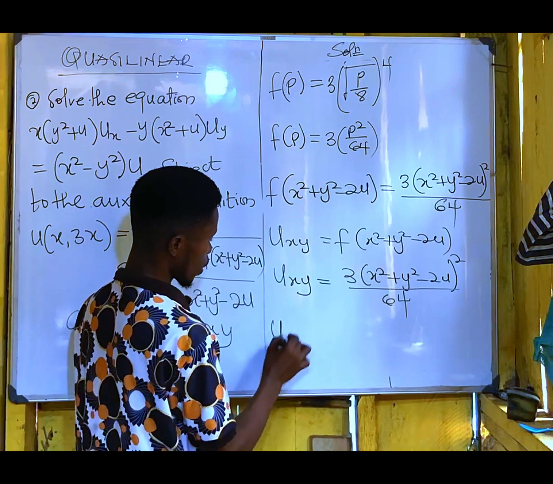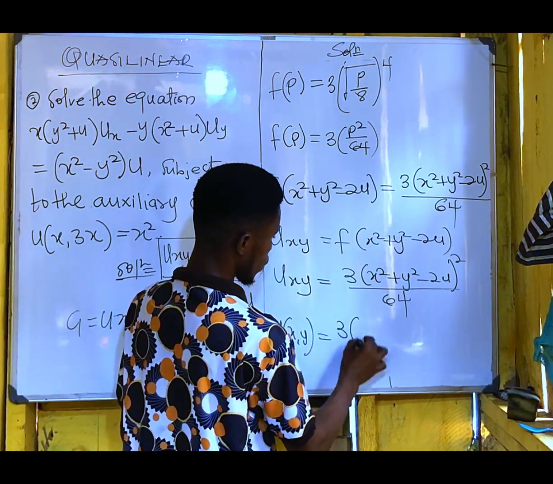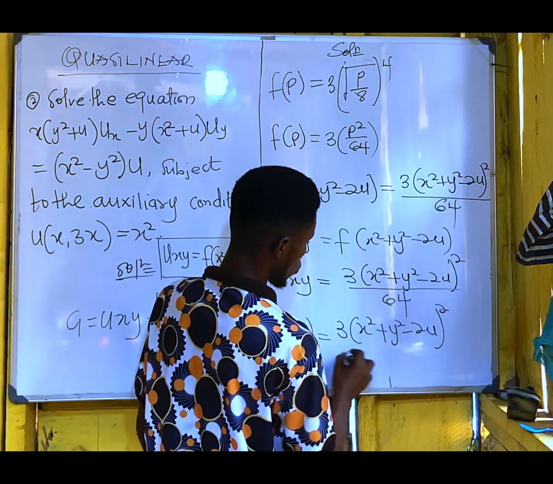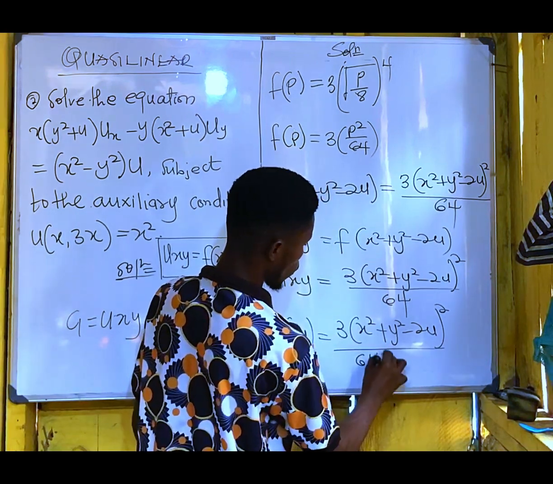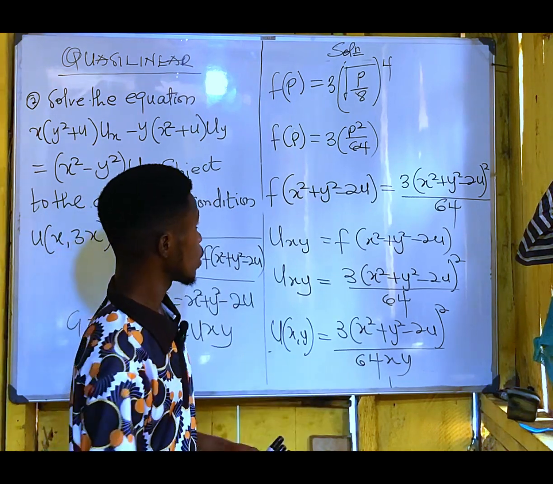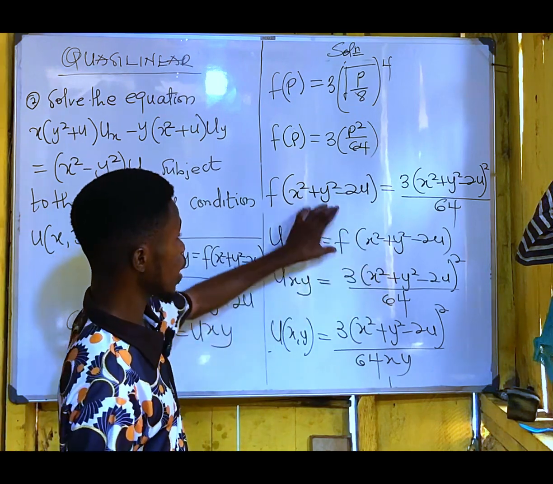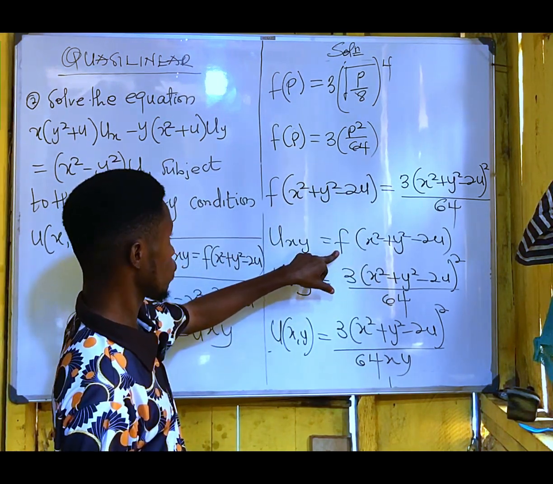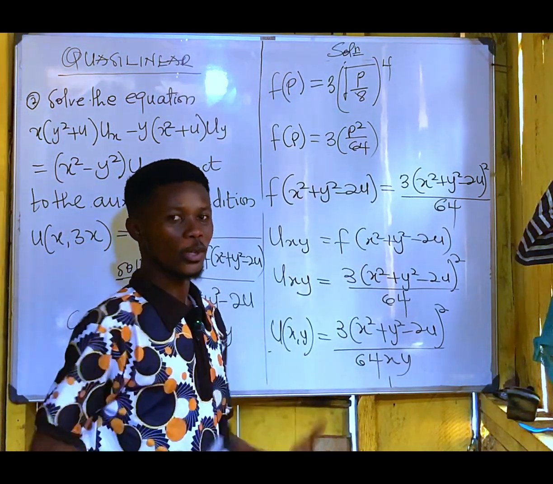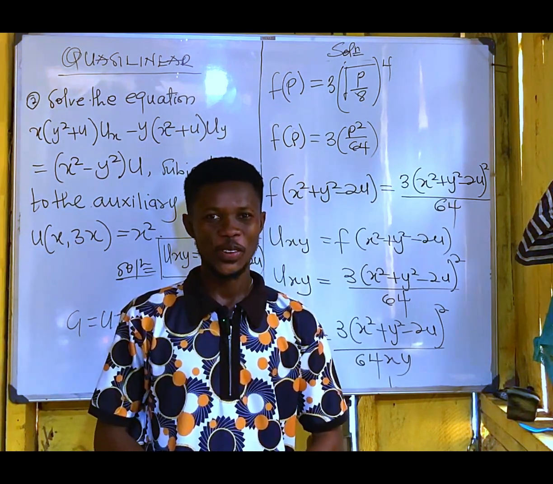If I want to make u the subject in terms of x and y, we have u equals 3 times (x² + y² − 2u)² all divided by 64xy. So this becomes our particular solution, and this is the general solution. The idea was that we wanted to remove the f from there. Is that okay? It's not easy, but you need to continue doing it. For you to become perfect, you have to continue trying. Thank you very much for watching.